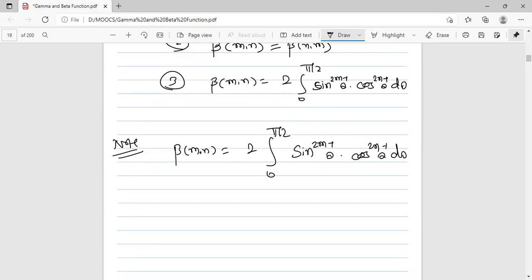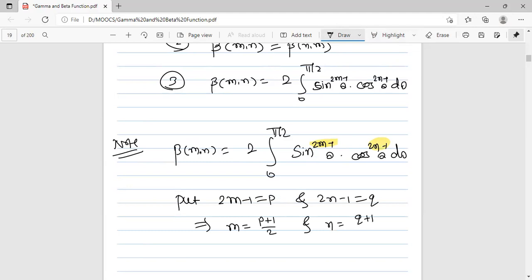This form I will convert into an integral formula. Put 2m minus 1 equal to p and 2n minus 1 equal to q. Now from this we get m equal to, taking 1 to this side, p plus 1 divided by 2, and n equal to q plus 1 divided by 2.